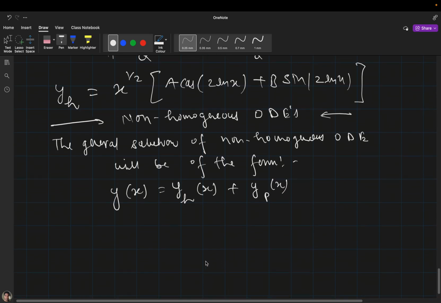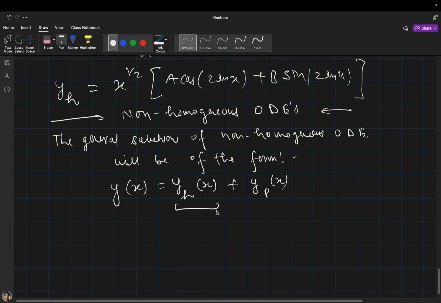You can see that this is nothing but the solution of the homogeneous part, and this we call a particular solution.